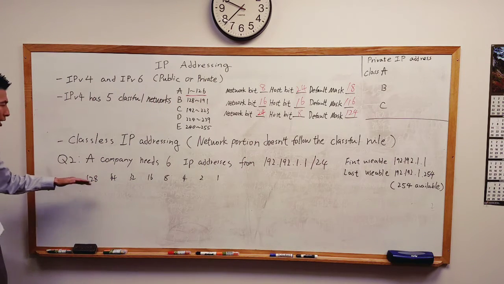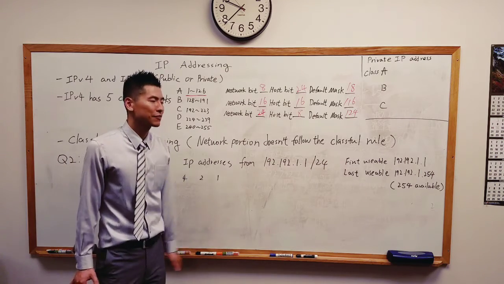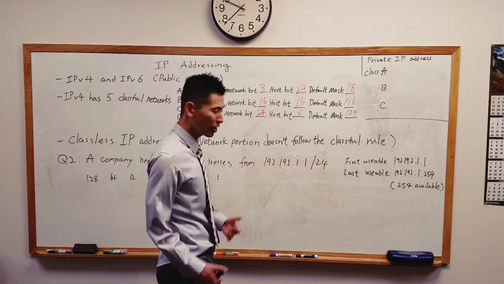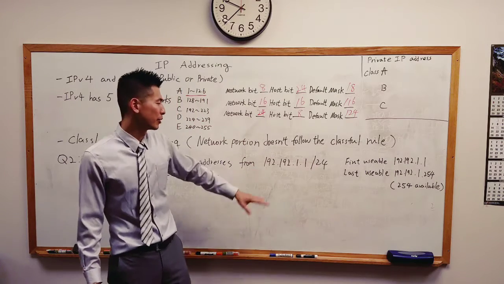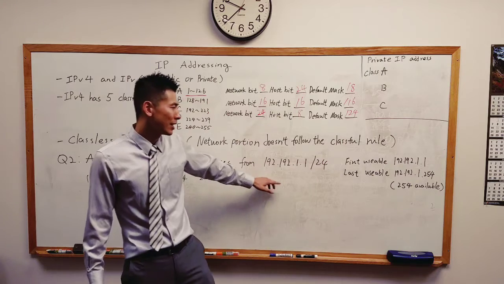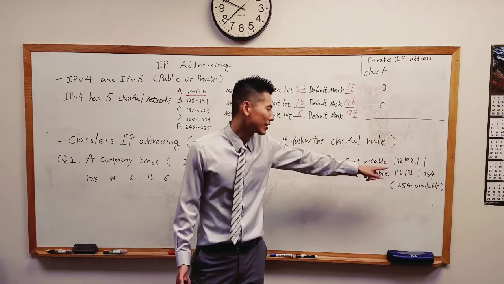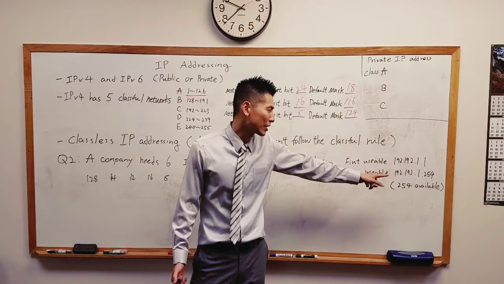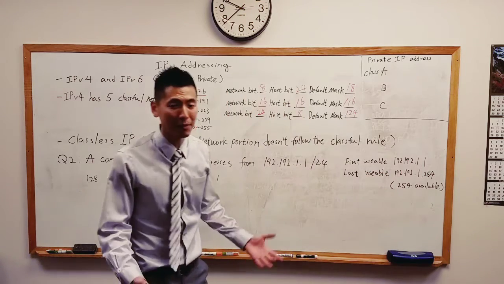So question 2. A company needs only 6 IP addresses from this classical network. What can we do? We just need 6. And from the previous example, we learned that this classical network right here, the first usable IP address is going to be .1.1. The last one is .1.254. In total, it gives us 254 available IP addresses.